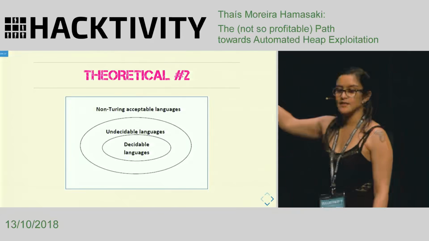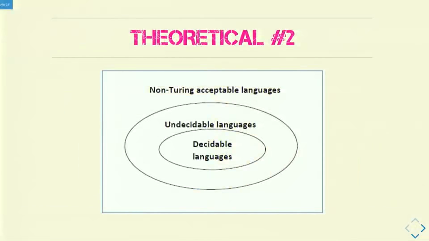If I have something without the user input, then I go not just to the undesirable language, but to the non-Turing accepted language. And the problem is we don't have a Turing machine for that, so we don't have the computer for that.